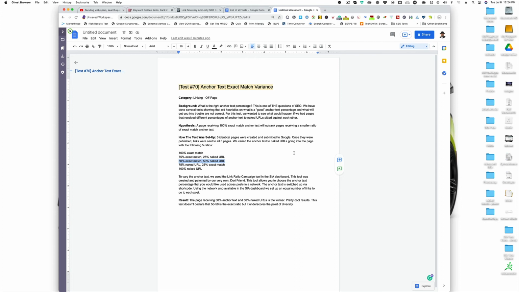Why did 50-50 work here? Well, remember I talked about averages. These actually became outliers. So these are like the norms, right? And then these ended up being, I'm using air quotes and you can't see it, outliers for this test. My guess is because these were so off and wonky compared to these other 3 pages, Google's like, let's see what the middle is.